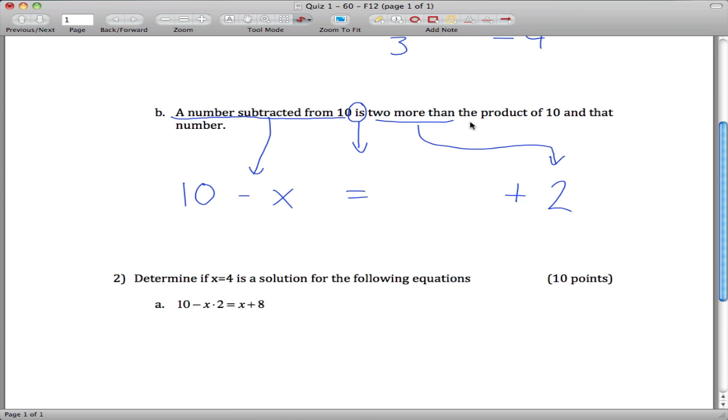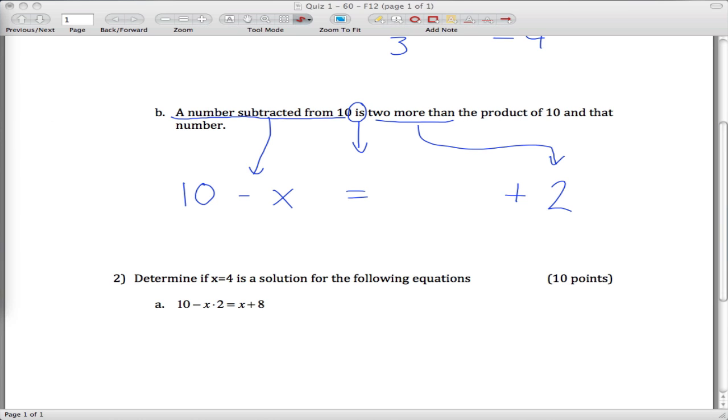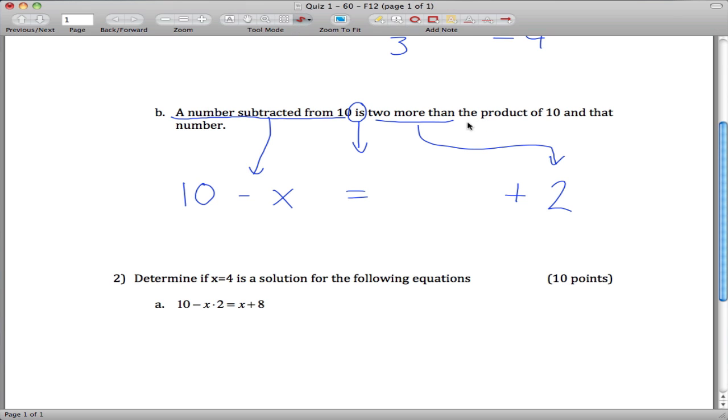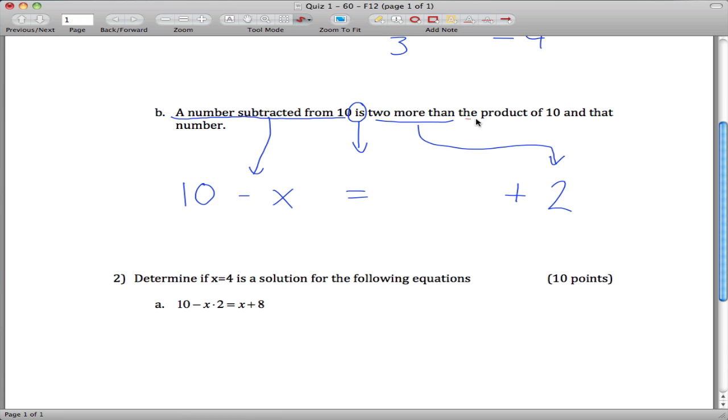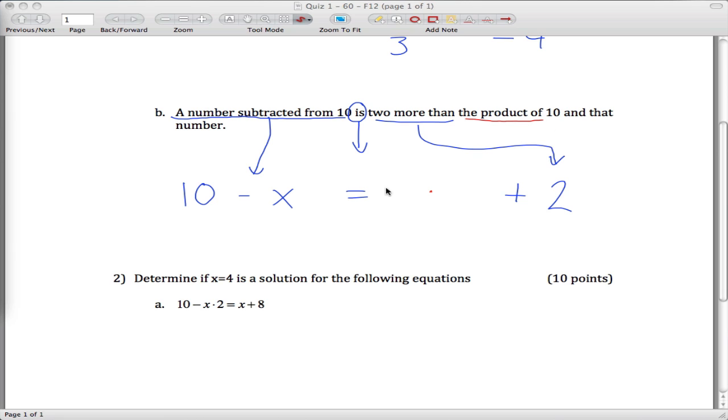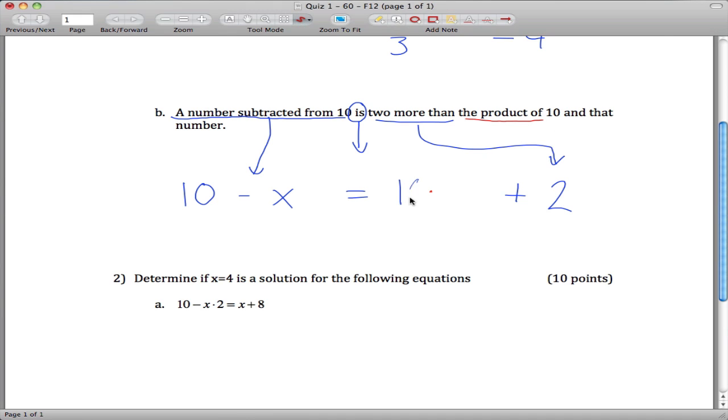Now this time, instead of the quotient, it's the product. That means I'm going to multiply together two things. Maybe I'll underline that in red. The product of means the next two things I talk about are going to get multiplied together. What two things are those? It looks like 10 and that number.